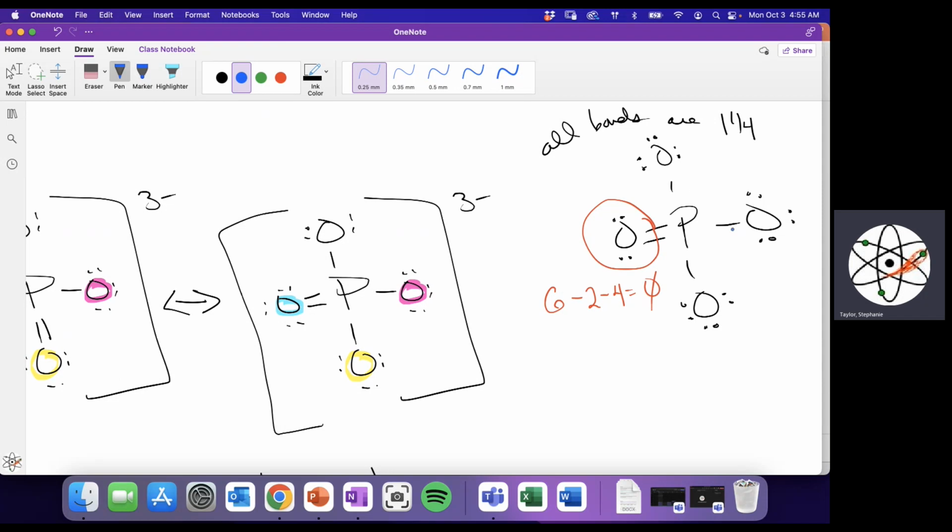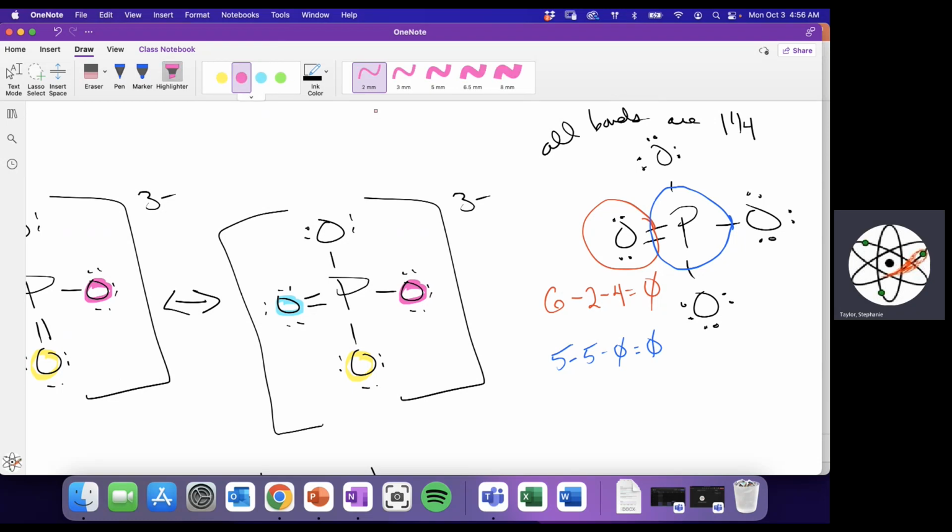Then we have the phosphorus, where the phosphorus brought 5 valence electrons to the party. I'm not scrolling back to a periodic table, but you can certainly take a look at a periodic table to find those valence electrons. And then it is sharing 5 electrons in all of those bonds. It has no electrons all to itself. That's also 0.